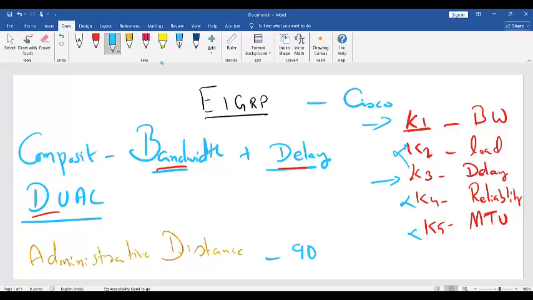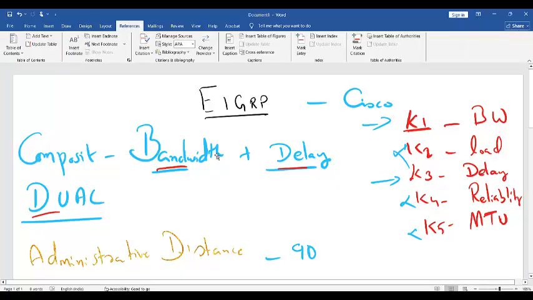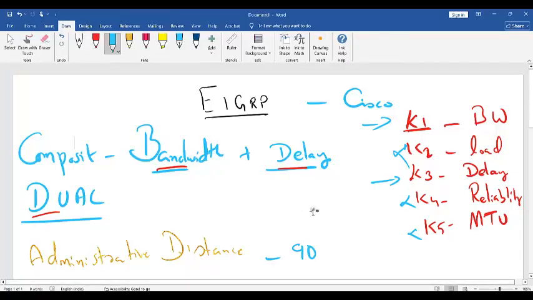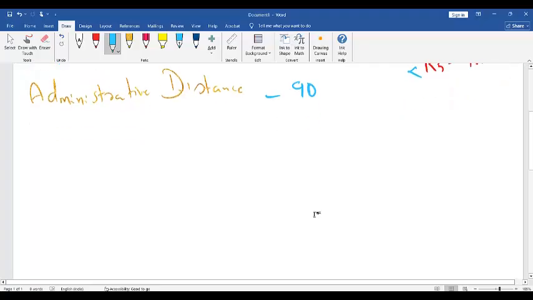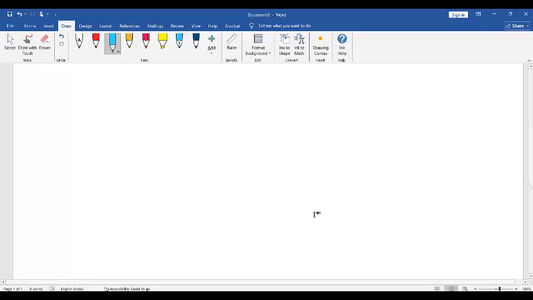Next. EIGRP is classless, as I said, so as a result there is no discontiguous network problem.